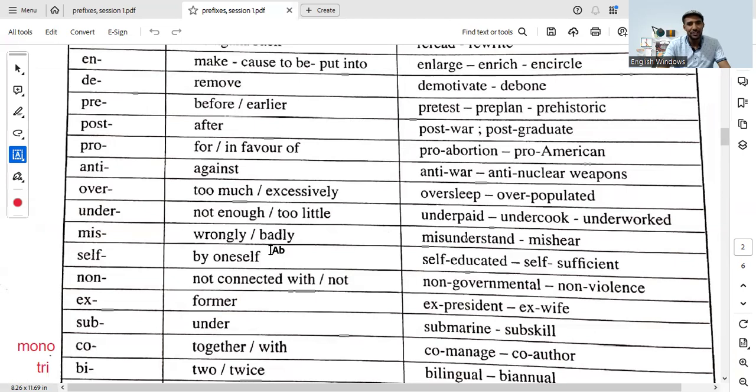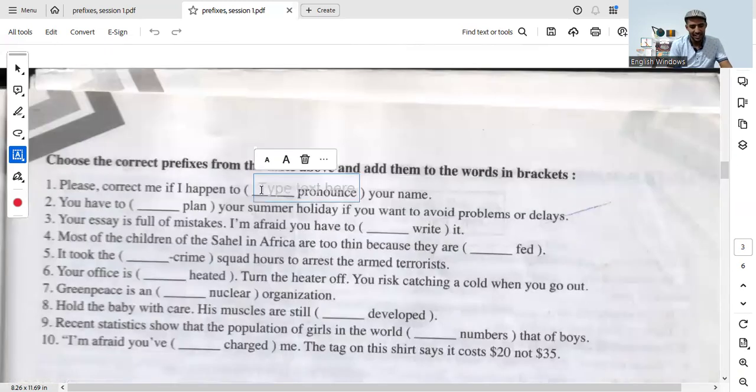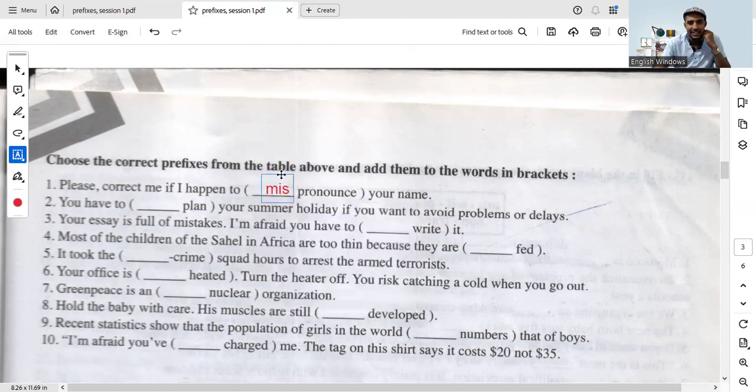You do something in a wrong way or in a bad way: mis. Great, okay, mispronounce, meaning I mispronounced. If I mispronounce your name, please correct me, right? If I pronounce your name wrong because I didn't know how to pronounce it, please, you know. Well, number 2, you have to plan your summer holiday if you want to avoid problems or delays.